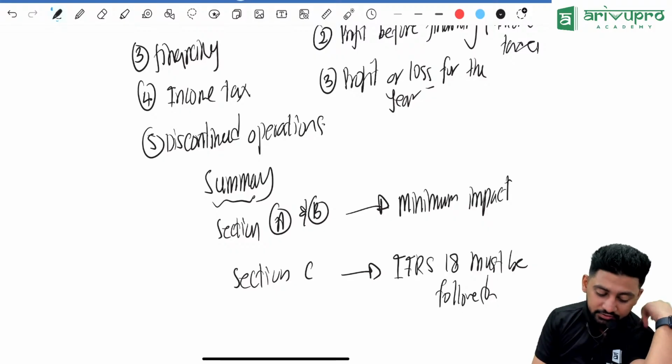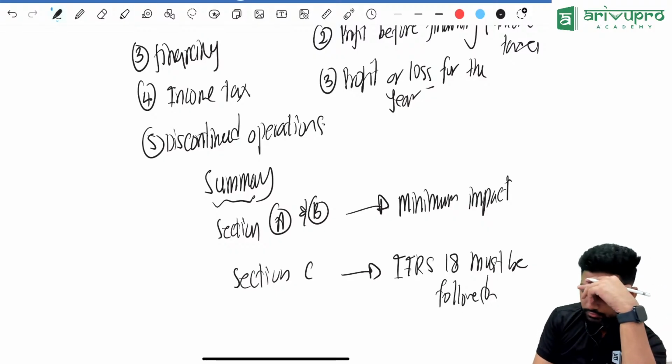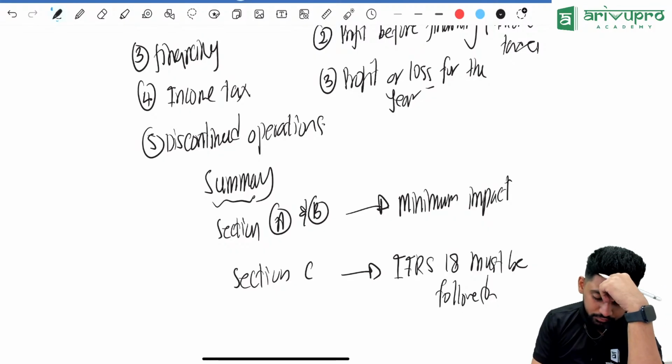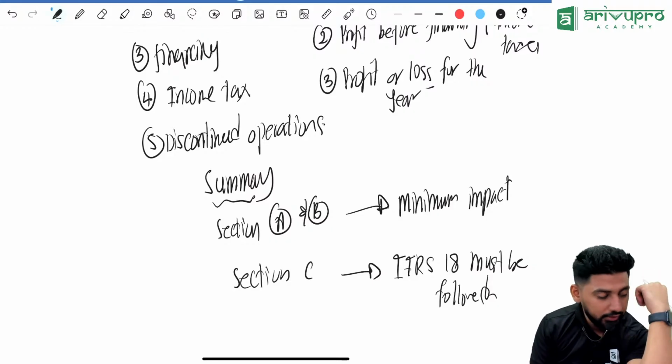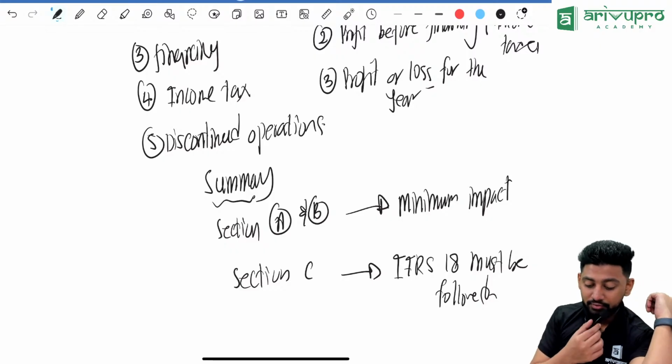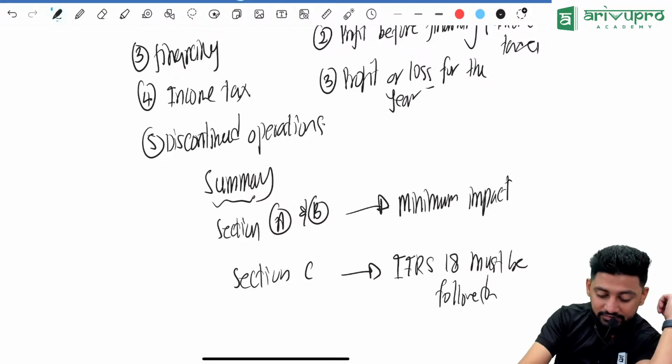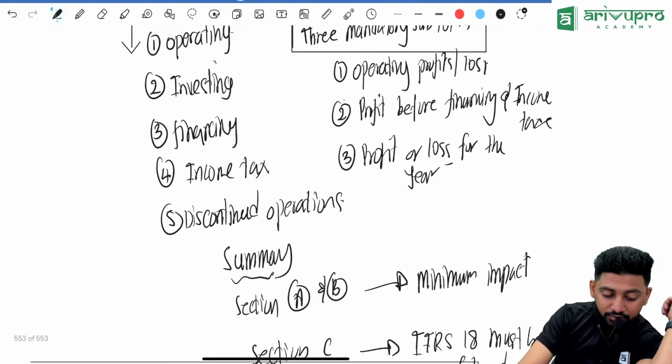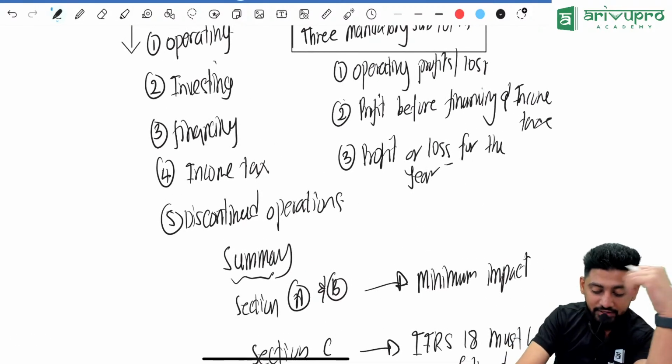ROCE and interest cover now use profit before financing and income taxes.